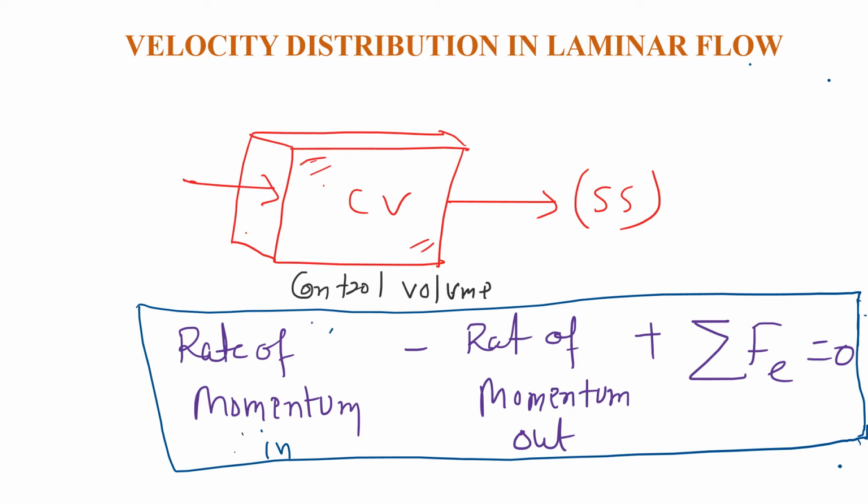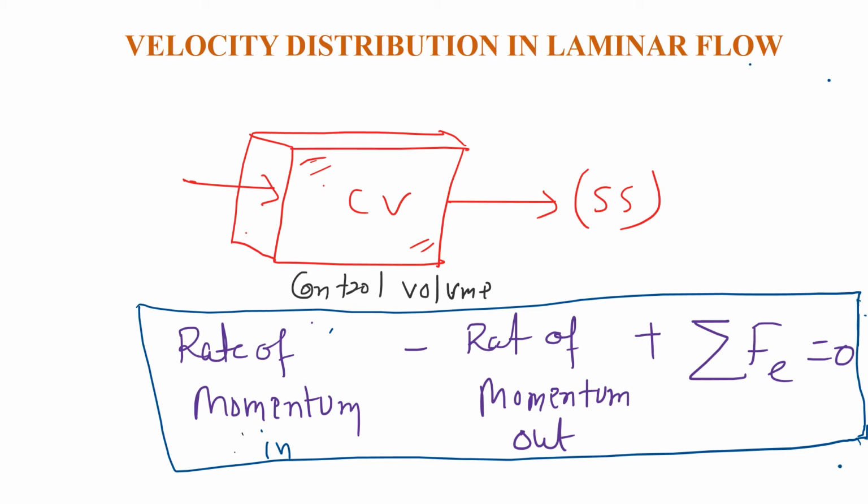So nothing gets stored in the control surface, whereas a control volume is something which has a finite volume of its own. Let's say some amount of heat may come in, some amount of heat may leave, some amount of heat may be generated in it, and the control volume itself, because of its non-zero mass, can absorb some amount of heat.